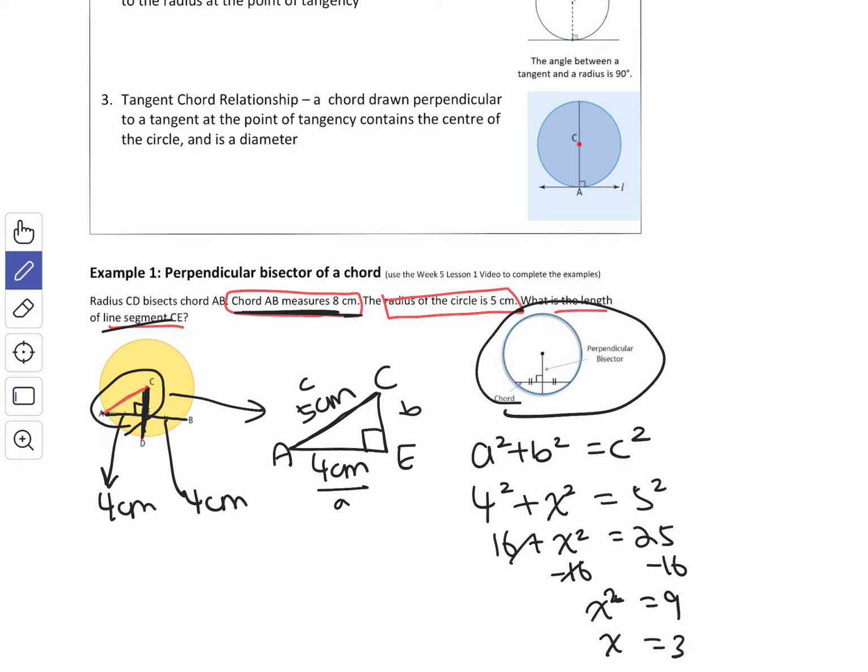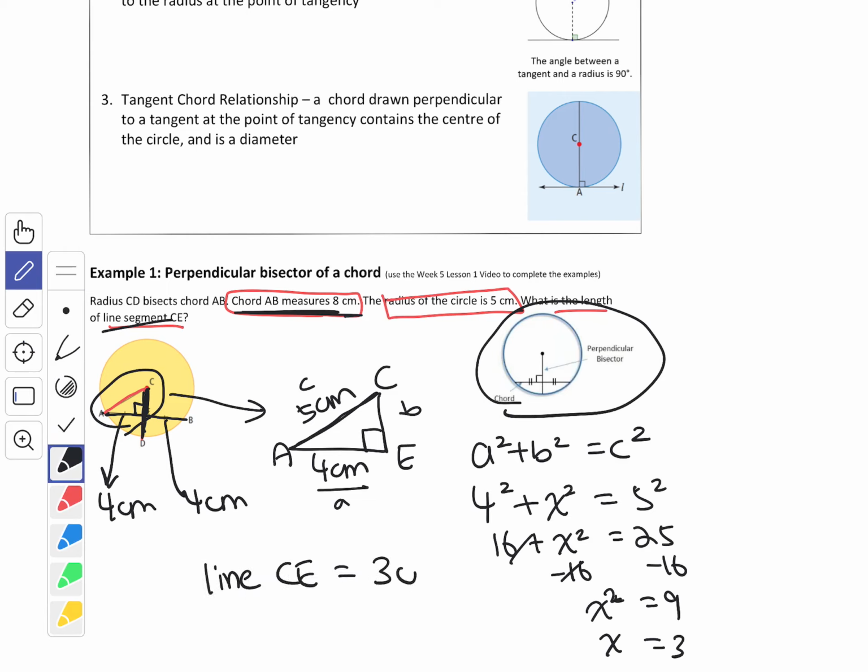Take away 16. x squared is equal to 9, so x is equal to 3. So x equal to 3 is telling us that this section over here, CE, is 3 centimeters. And that's what the question was asking us.